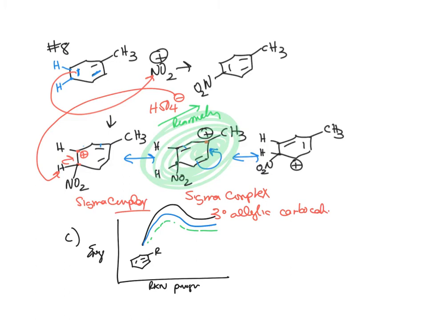Okay, so the first one has the highest activation energy, and this is meta. The second one would be ortho, and then the third one, if para is the most, would be para, because it has the lowest activation energy.